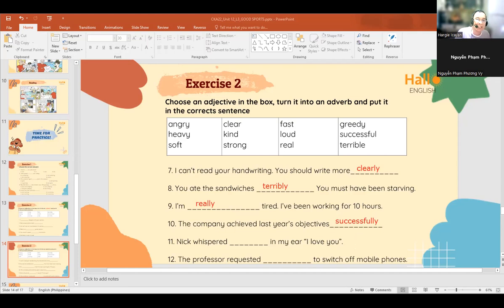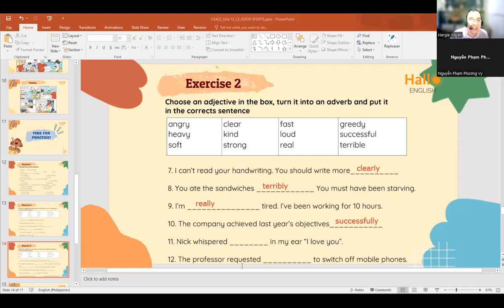Nick whispered. How do you whisper? Shh, you are whispering like that. You are not talking too loud. So it's only whispered.